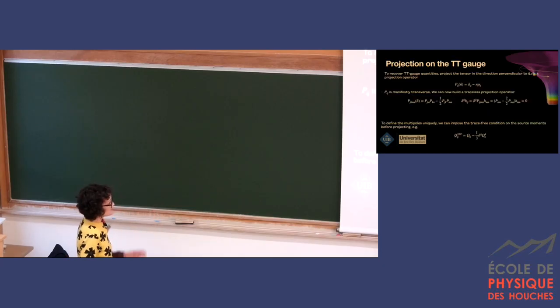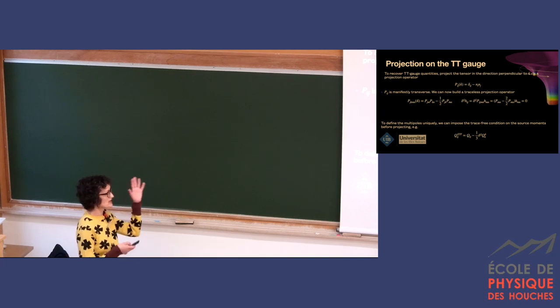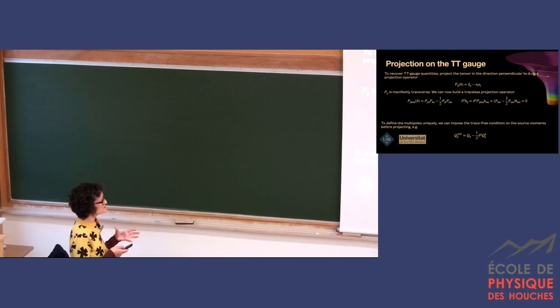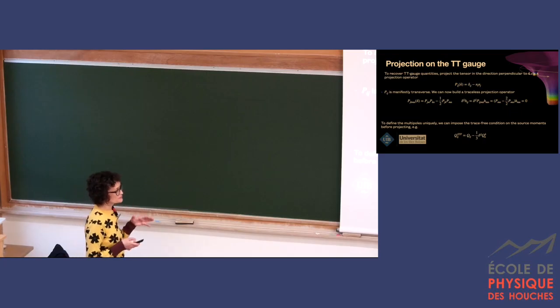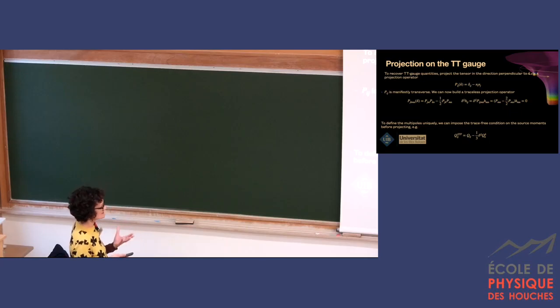So now there are some more technicalities that I will just briefly mention. To recover the traceless transverse quantities, remember that we had this matrix that had a specific form where our polarizations were appearing. When we do the derivation starting from the moments, we have to project the metric in the way we want, so that the final metric perturbation is traceless and transverse.